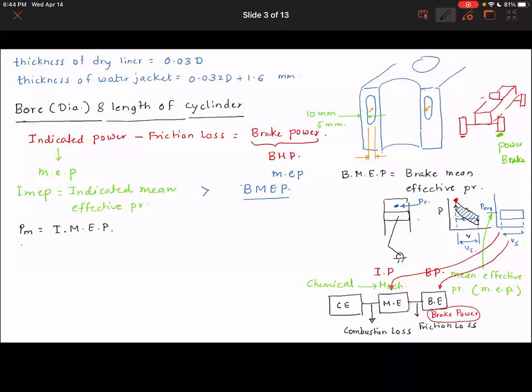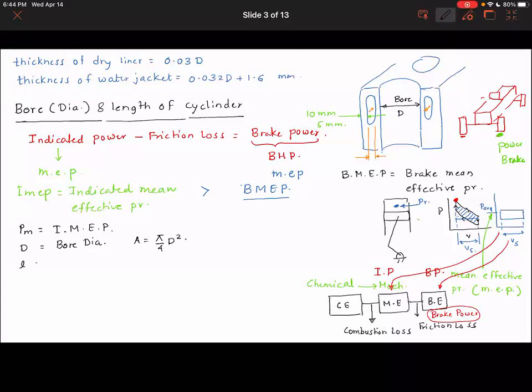If D is the bore diameter, bore means inside diameter, this is diameter D. And clearly A is equal to pi by 4 D square, which is the area.